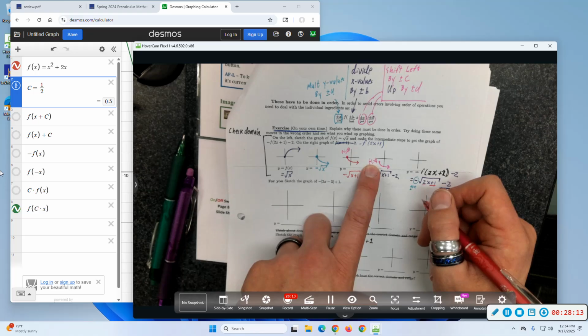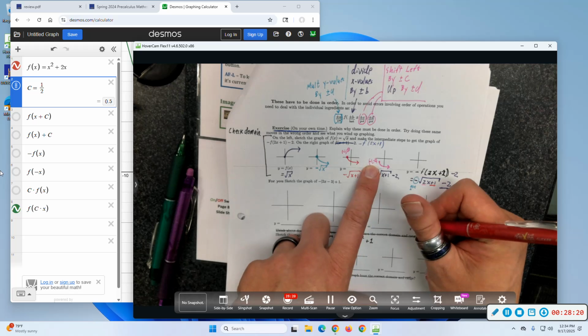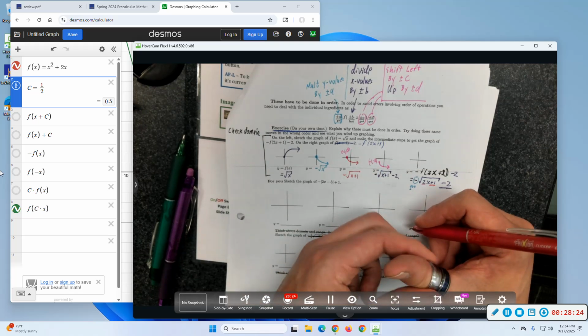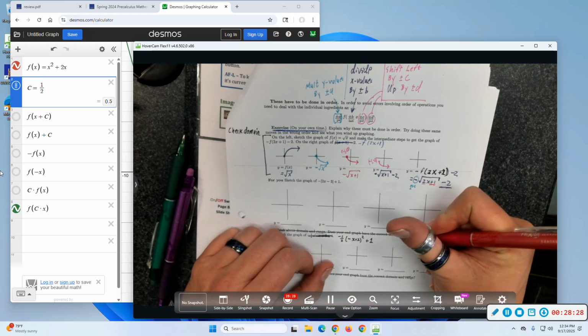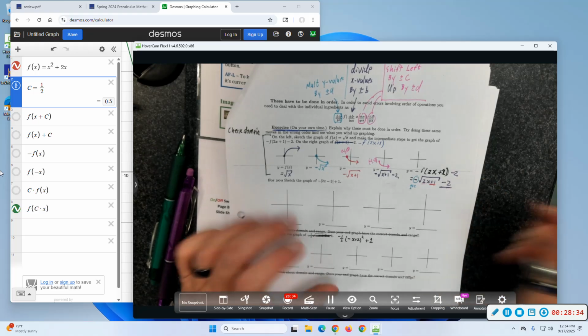Divide all of the x coordinates by 2. -1/2 is the x value. What's the y value? Still -2. The y values don't change.